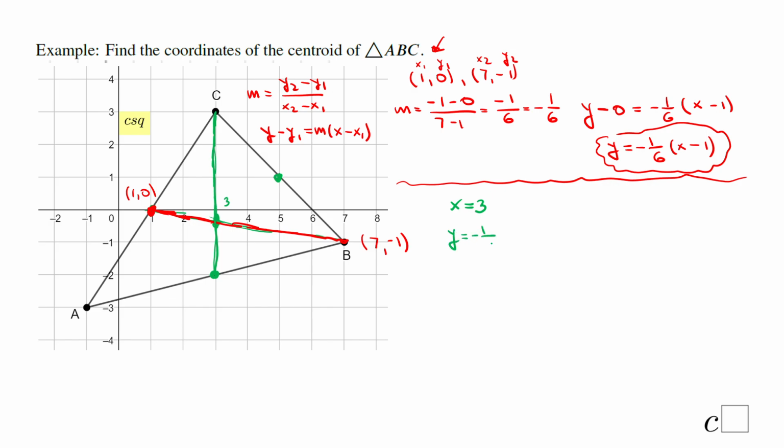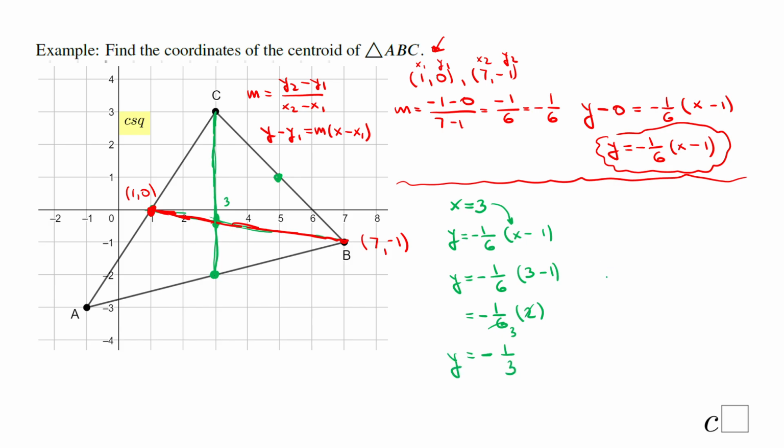So basically the last thing you need to do in this problem when we finish is to plug that 3 in here, and we have y equals -1 over 6 times (3 minus 1), and that will be -1 over 6 times 2, and we can simplify here, and 2 goes in 6 3 times, so it is going to be -1/3.